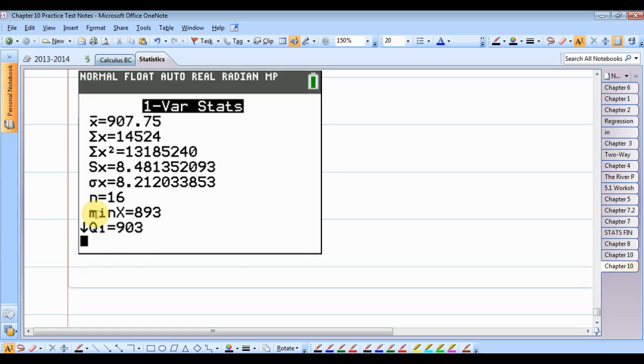Okay, here is our number crunching. We want a 99% confidence interval.